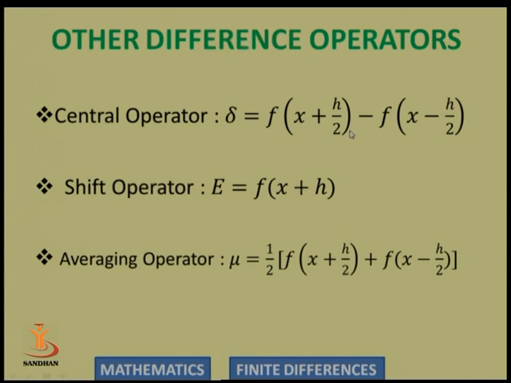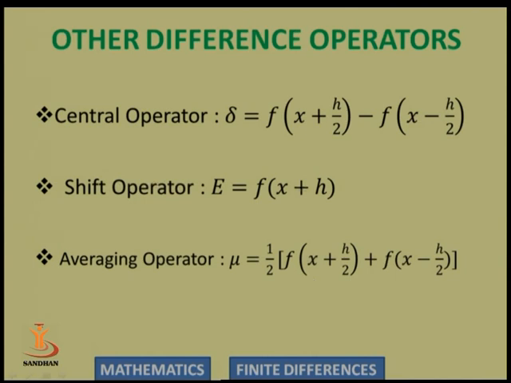Again, h is nothing but the interval difference. The shift operator, having very wide applications in the concept of finite differences, is E f of x equals f of x plus h. This is one of the very important tools to make any question of finite differences very simple. And the averaging operator is denoted by mu and defined as half of f of x plus h by 2 plus f of x minus h by 2.